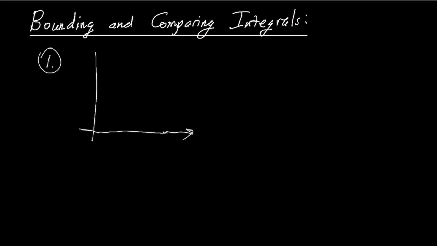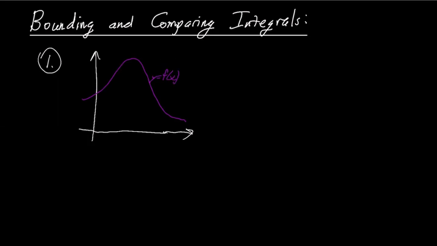So let's just imagine we have some function. Let's say it looks like, I don't know, this or something. So here's my function. Actually, let me draw it slightly differently. Let me put this down here.